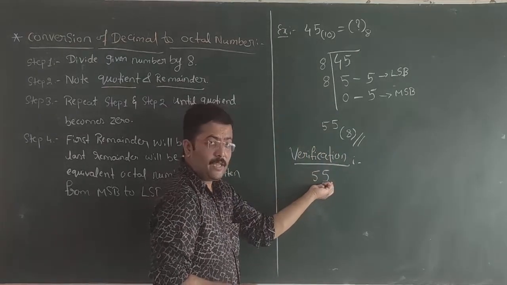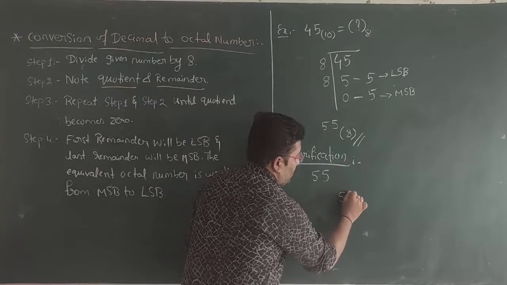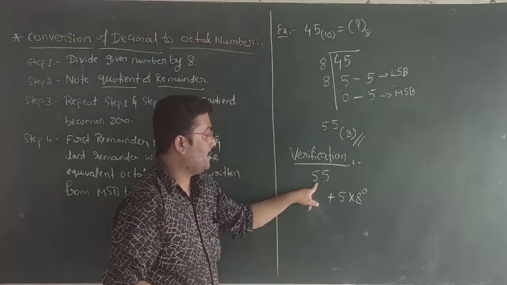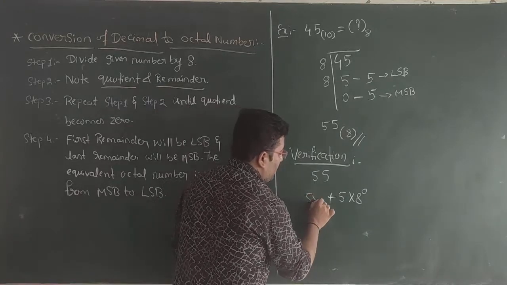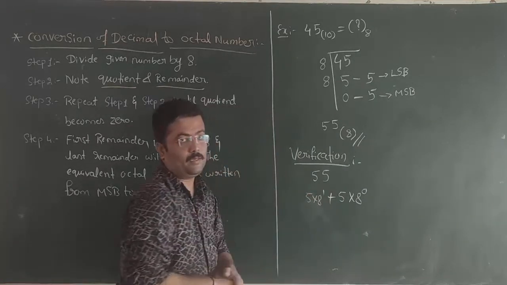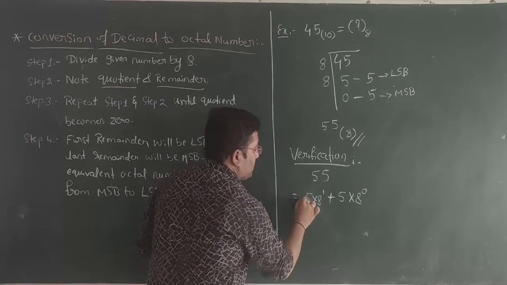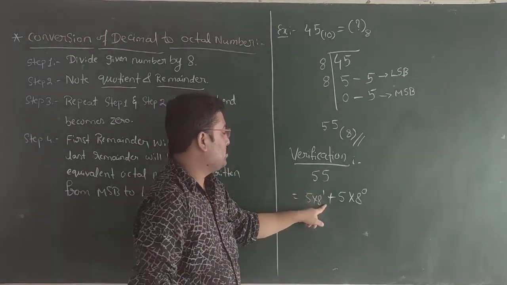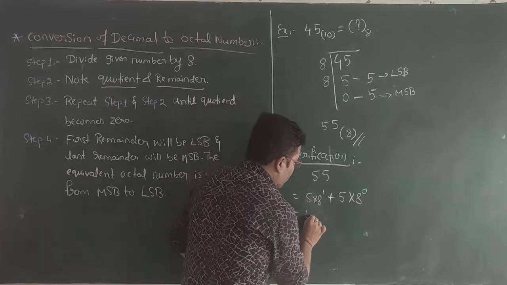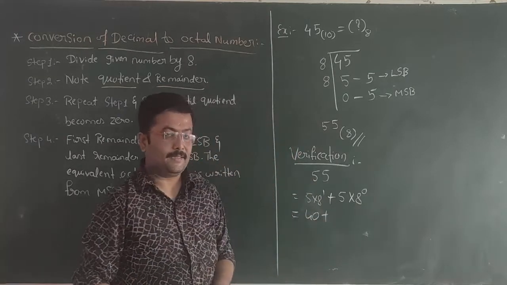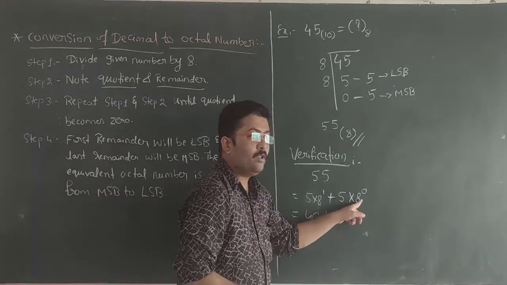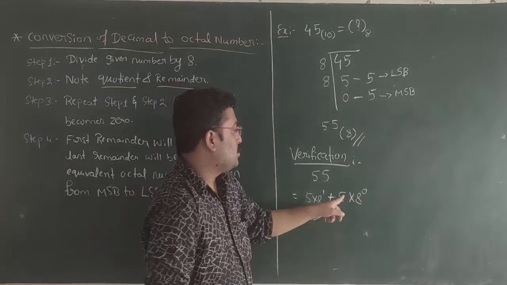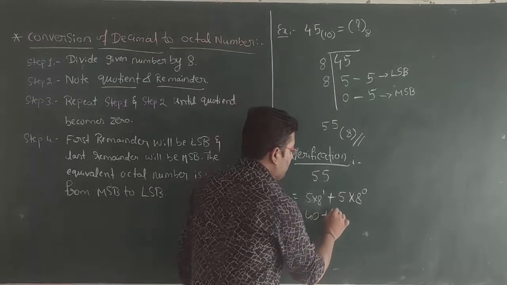So 5 into 8 to the power of 1, which is 8, so 8 into 5 is 40, plus 5 into 8 to the power of 0. 8 to the power of 0 is 1, so 5 into 1 is 5.